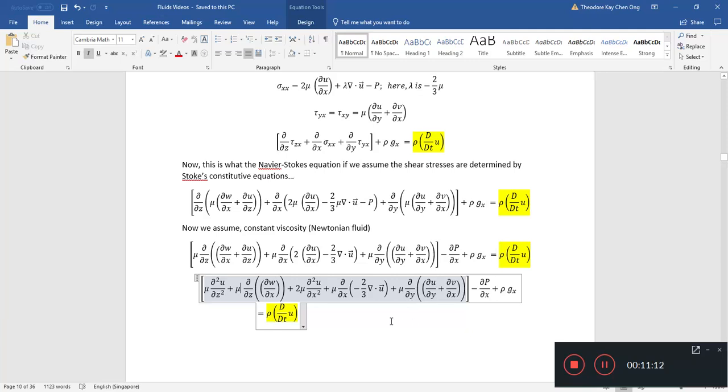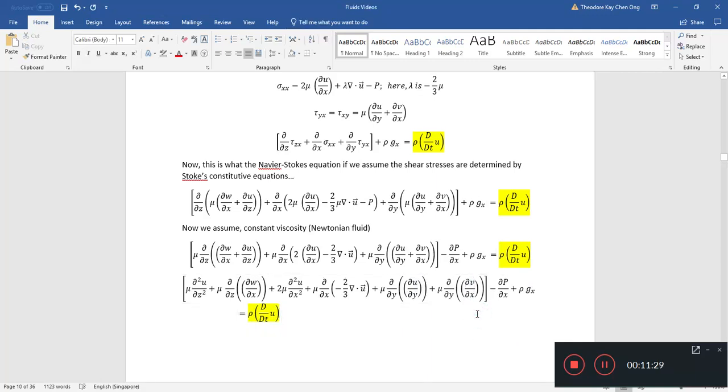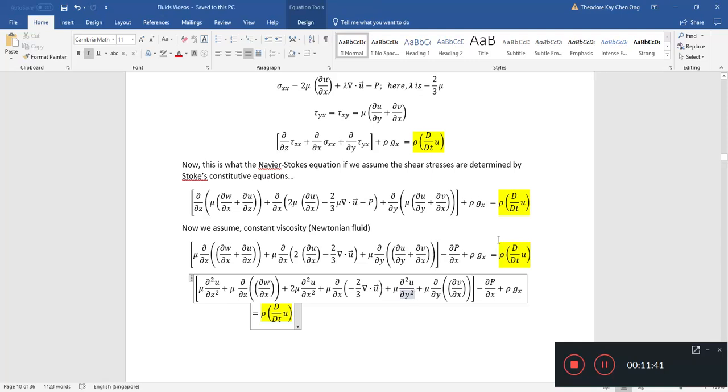Let's see. This one also, I'll just copy and paste another time. There you go. And then I can have a partial square u, partial y square. Alright.